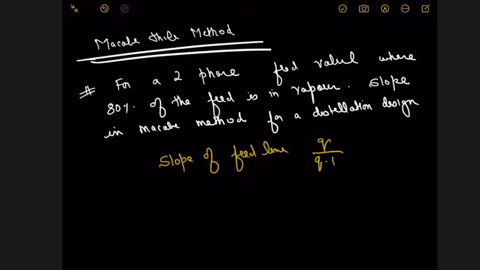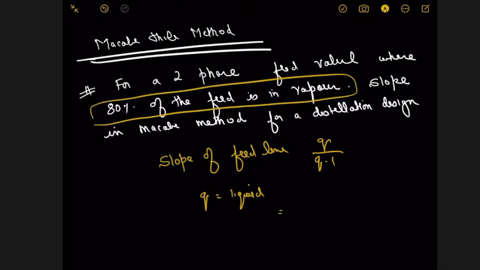What is q? The most important thing is that q always gives an idea about the liquid. It does not give an idea about the vapor. So in the question you see they have 80% of feed in the vapor, but q is liquid, so it will be 0.2 upon (0.2 minus 1). So it will be 1/4 like this.